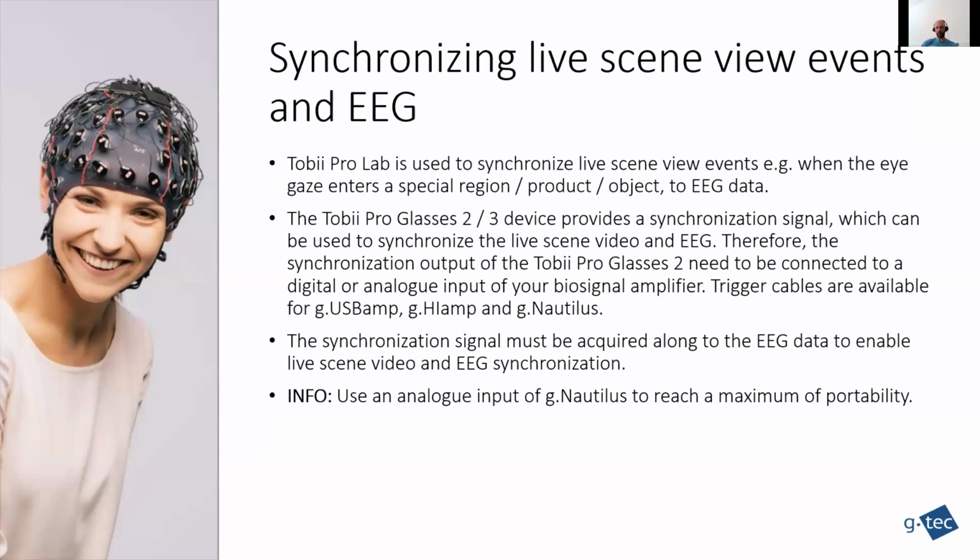So the subject is then completely free to move around, the whole room or even further, as far as the Wi-Fi of the Tobii Pro reaches, and as far as the Nautilus can transmit the data to the base station. That's then the only limitation that you have.